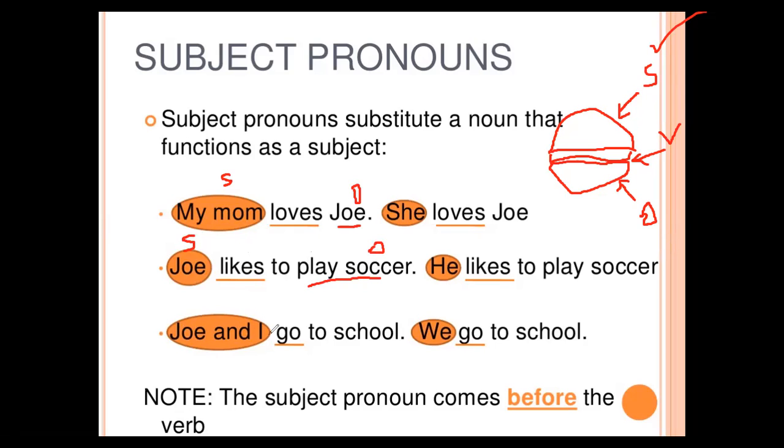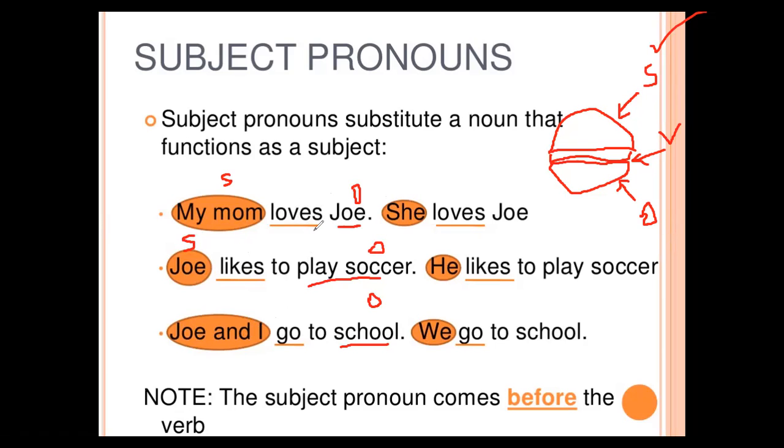Like Joe and I go to school. Where is the verb? The verb is go. So who is the subject? Joe and I. Joe and I go. Go to what? Go to school. So to school here is the object. So in English, we have subject, verb and object. Object always comes after the verb. I want you to focus on this.